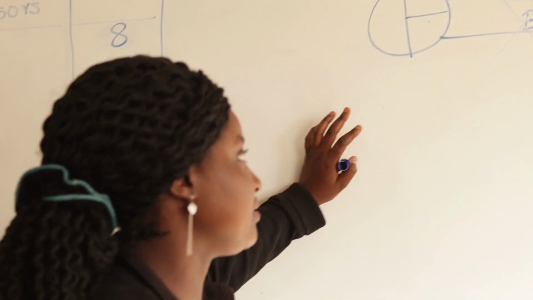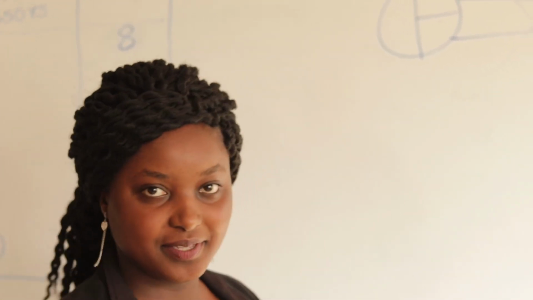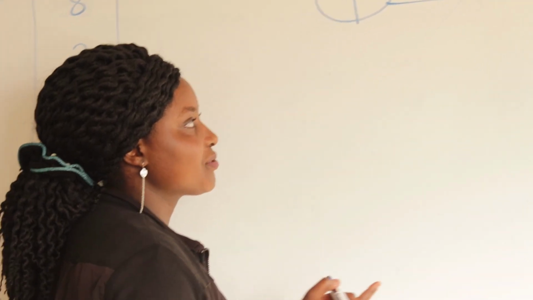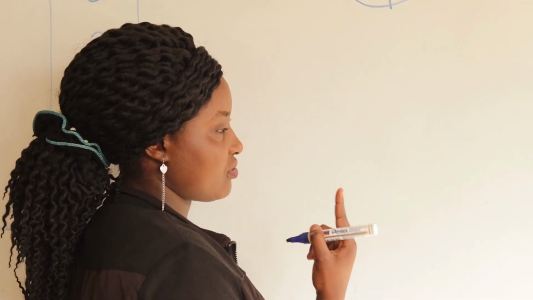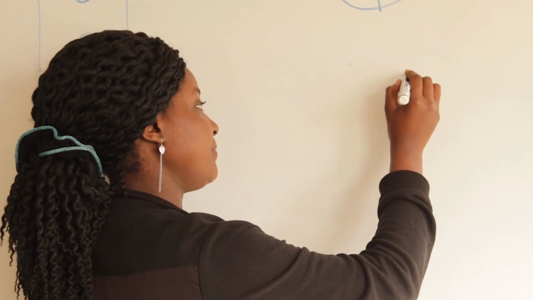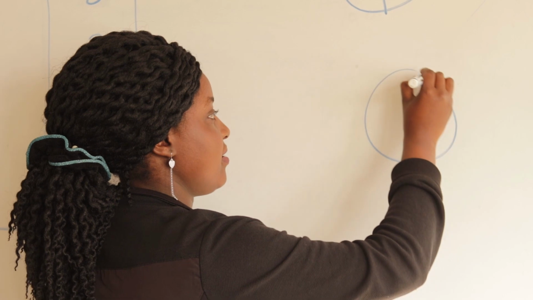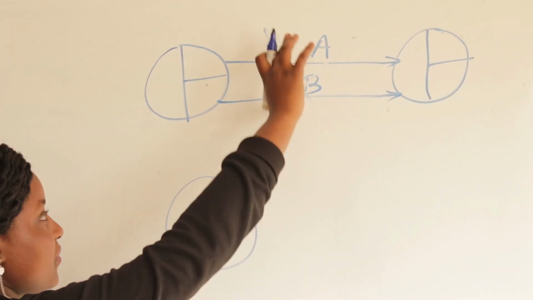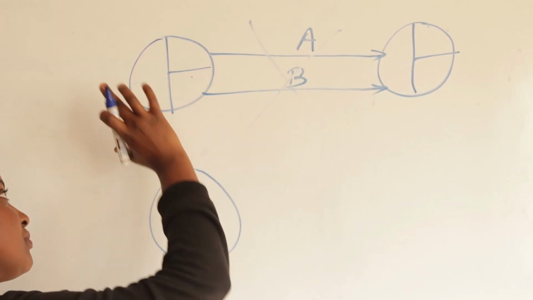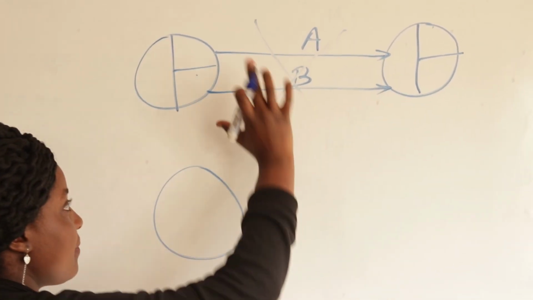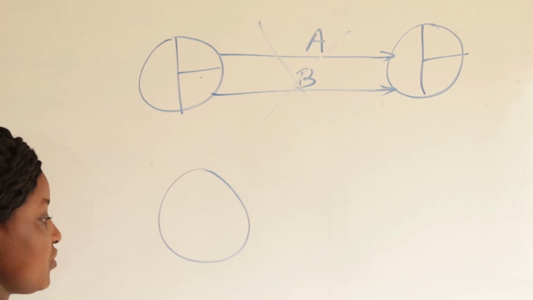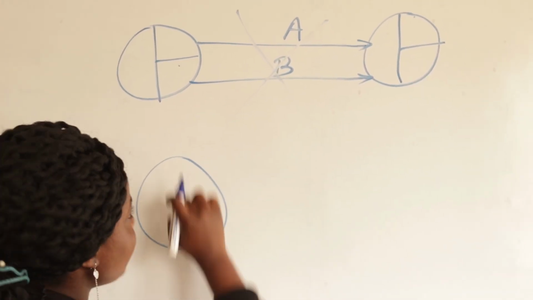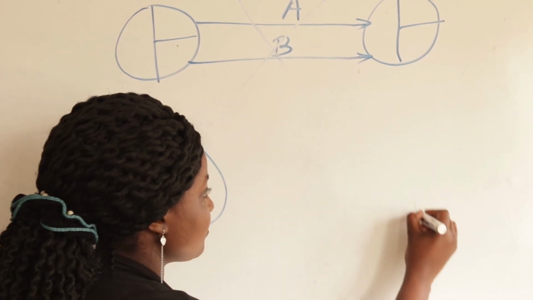So this is what leads us to the creation of a dummy. This is unacceptable, so for us to do it the right way, we have to introduce a dummy. If we want activities A and B to come from the same node and end at the same node, we have to introduce a dummy. This is my first node and this is my last node.